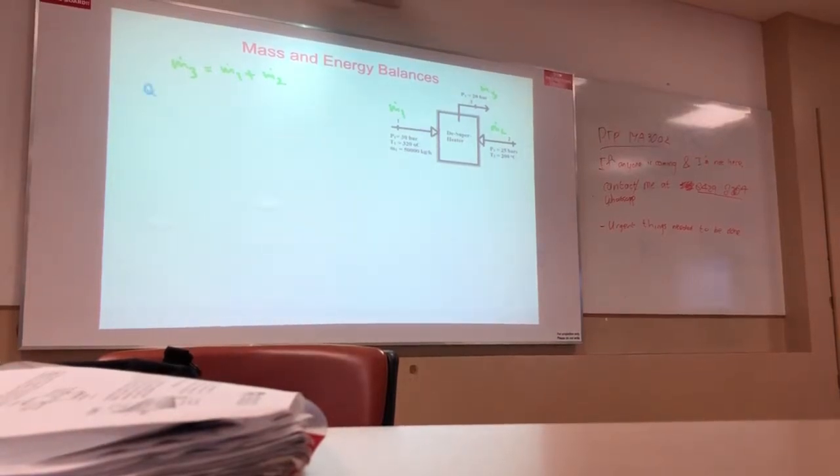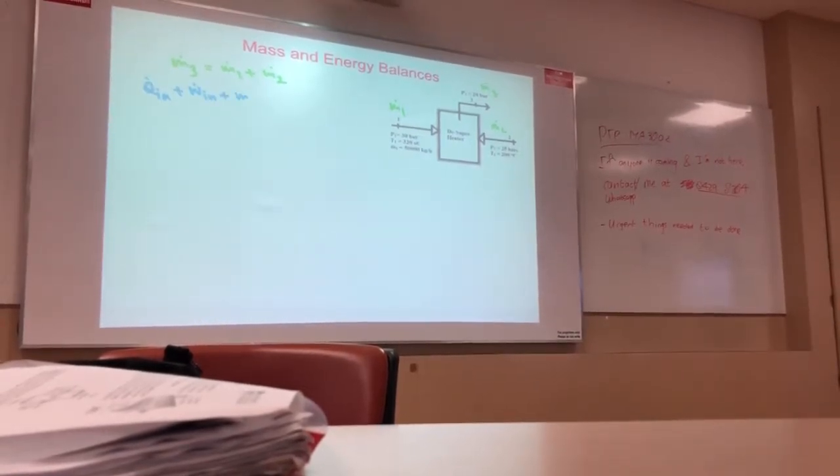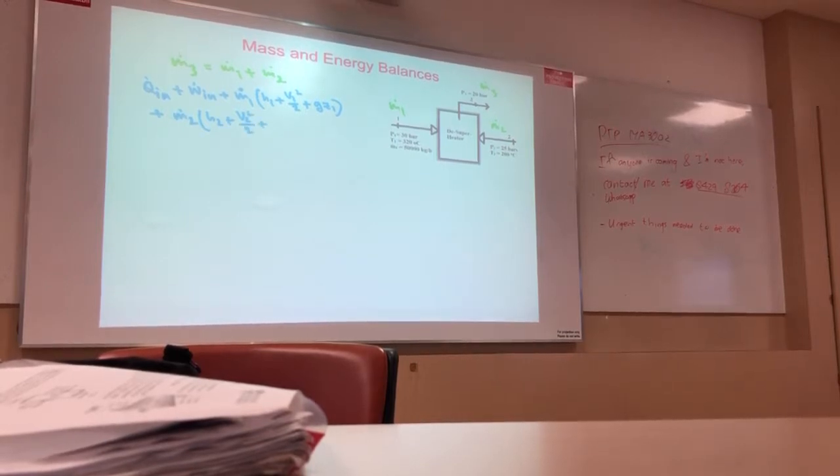Energy balance is Q̇ in plus Ẇ in plus ṁ1 (h1 plus V1 squared by 2 plus gz1) plus ṁ2 (h2 plus V2 squared by 2 plus gz2) is equivalent to Q̇ out plus Ẇ out plus ṁ3 (h3 plus V3 squared by 2 plus gz3).